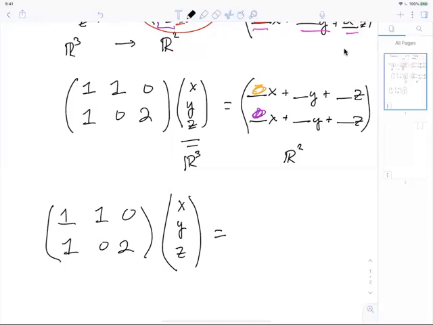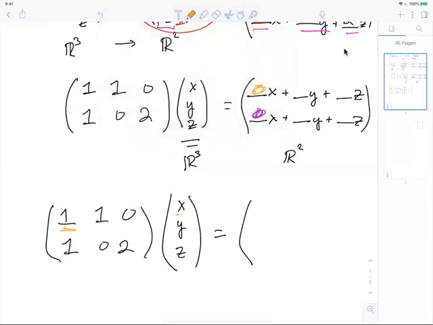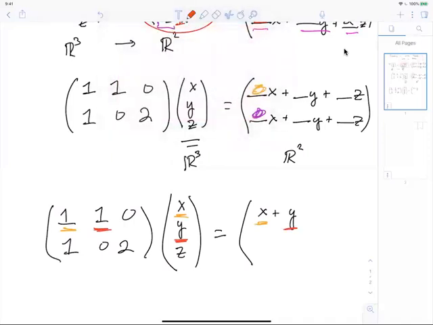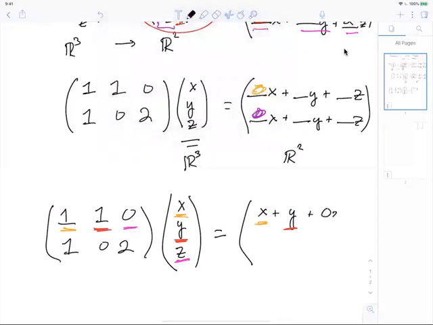On the top, we do the first entry, 1 times x, so we just get x. We get 1 times y, so we get a plus y. And lastly, 0 times z, or there's nothing there.